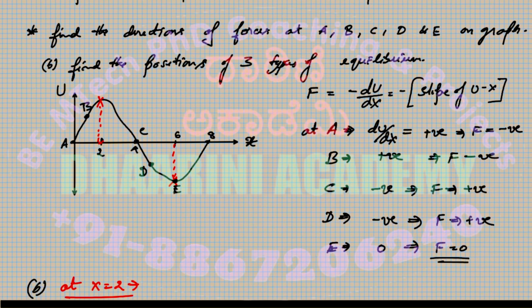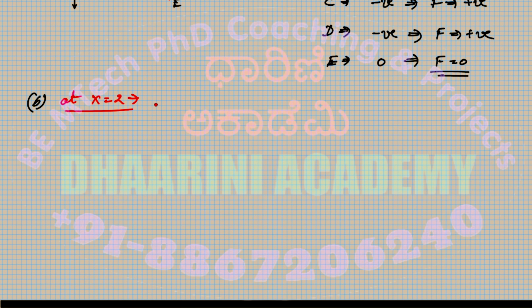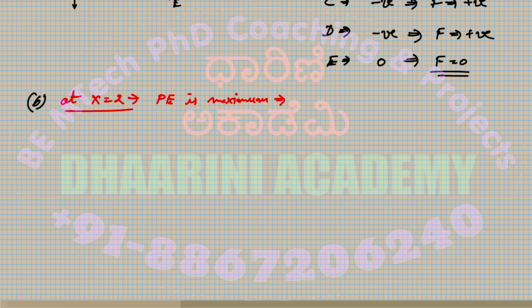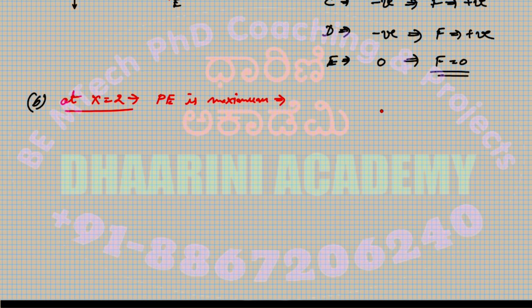I'll just write that. Now you know that out of the 3 equilibrium conditions, the unstable equilibrium is the one which has the potential energy highest. So that point at x equal to 2, we have unstable.